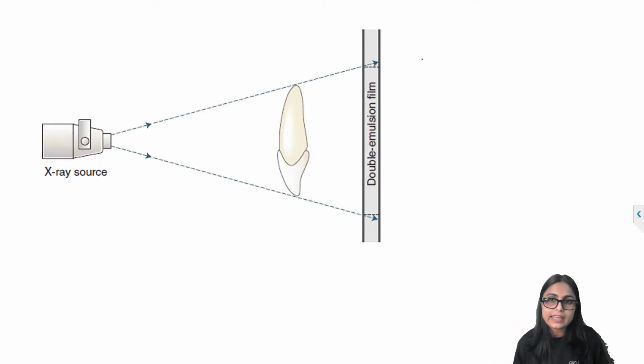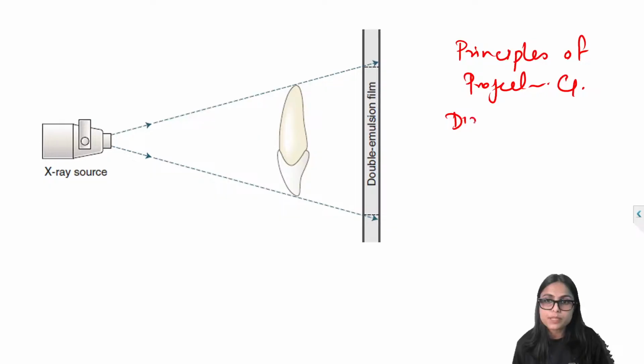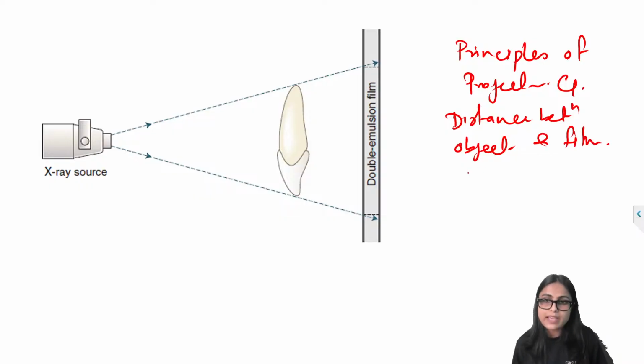So, we have studied in principles of projection geometry that the distance between the object and the film should be as small as possible, correct?